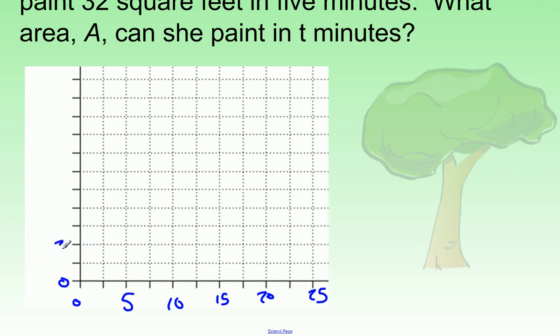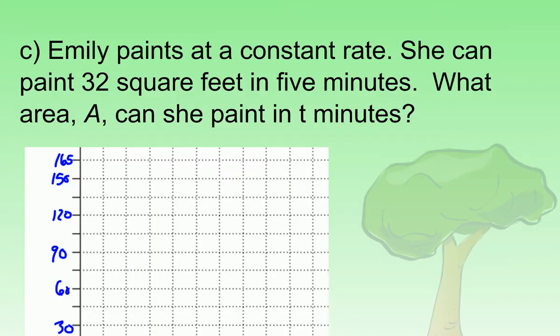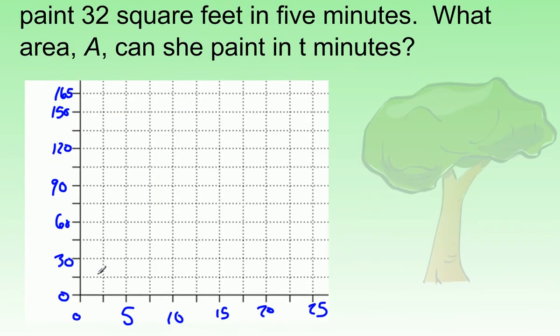Skip a space 30, skip a space 60, skip a space 90, skip a space 120, skip a space 150, which makes this 165. That's right? 160? Yeah, that worked for me. So I'm counting by 15s each line. I'm just labeling every other so it's not cramped with numbers.